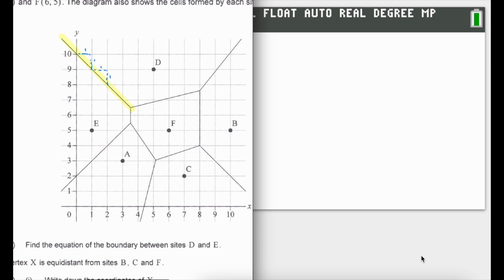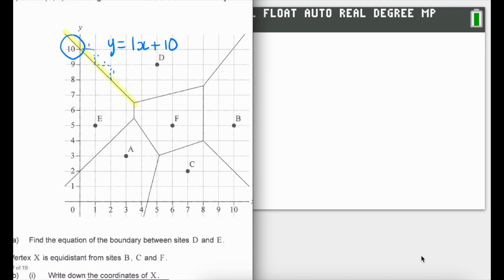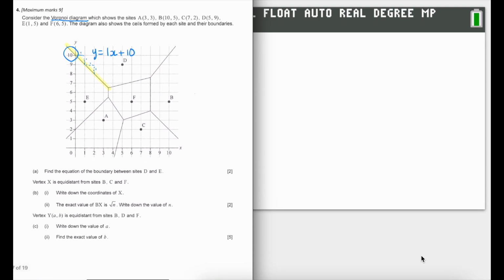So we actually don't need to work anything out there because we know straight away that the gradient is 1, so it's 1x, and we can see that it intersects the y-axis at 10. So it's just y equals 1x plus 10, which makes it much easier than some questions where I'd have to spend a long time trying to work that one out. So you can also just use your knowledge of straight line graphs to do it more easily like that.